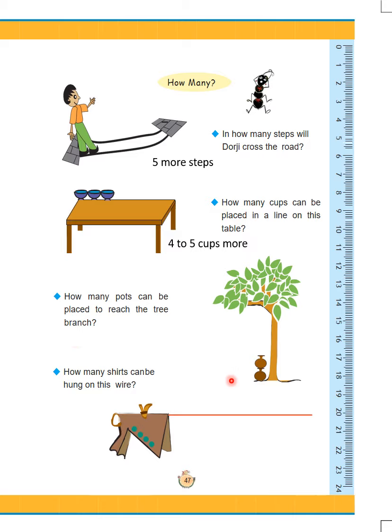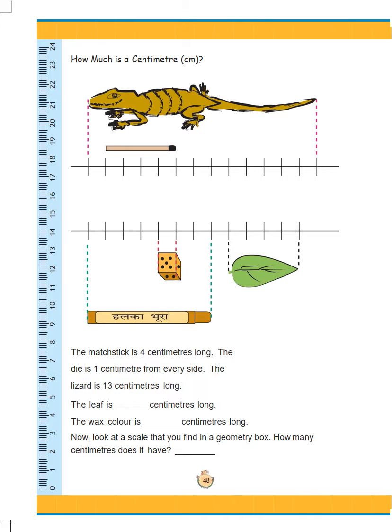We can keep 4 more pots to reach the tree branch. How many shirts can be hung on this wire? We can hang 3 more shirts on this wire.